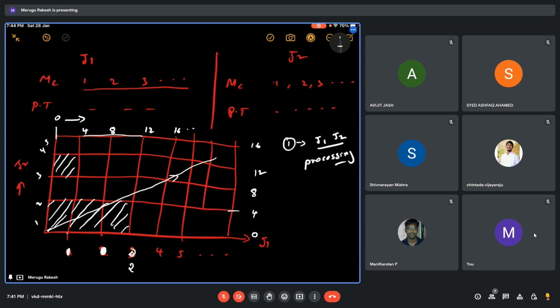Okay, both jobs J1 and J2 are processing in their respective machines. The final goal is to try to keep it at the 45 degrees line only. We will not make much use of the vertical or horizontal line in constructing this figure. Okay.